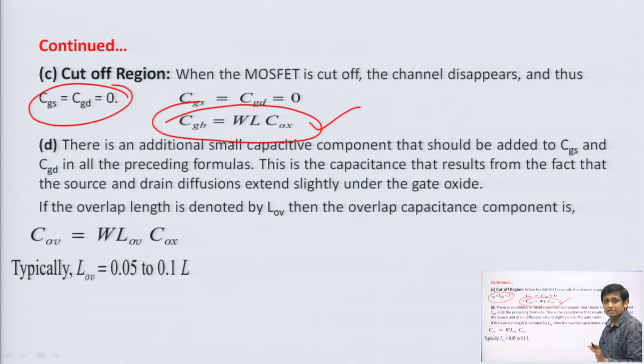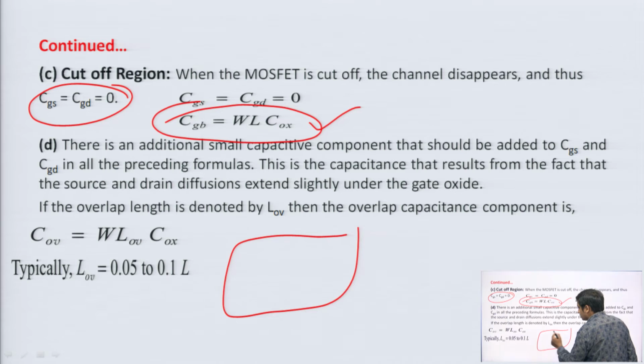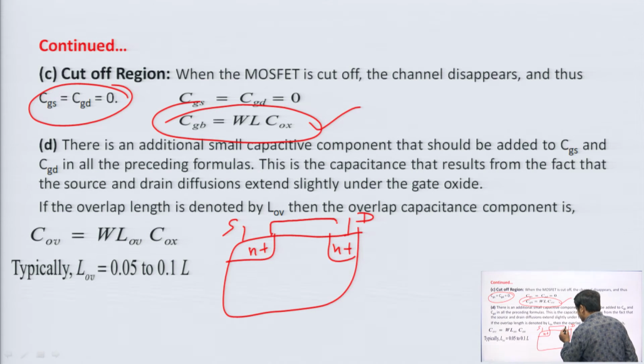And apart from these capacitances there is an additional capacitor that is called overlap capacitance. This overlap capacitance is formed because in the MOSFET structure we know that there is the N plus heavily doped source and heavily doped drain, and there is a silicon dioxide layer above them.